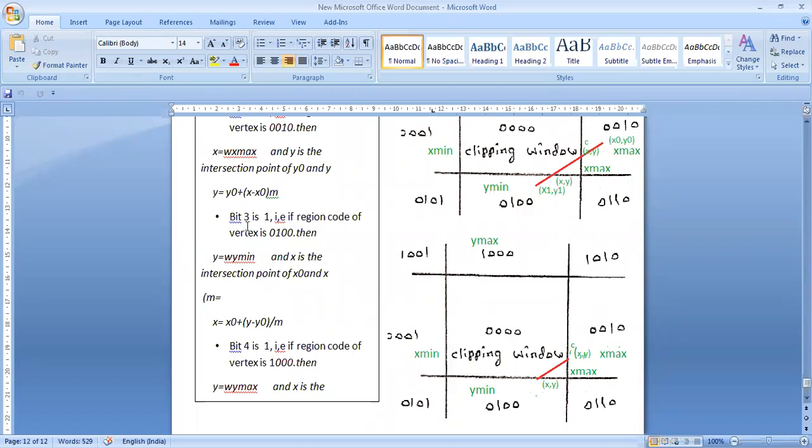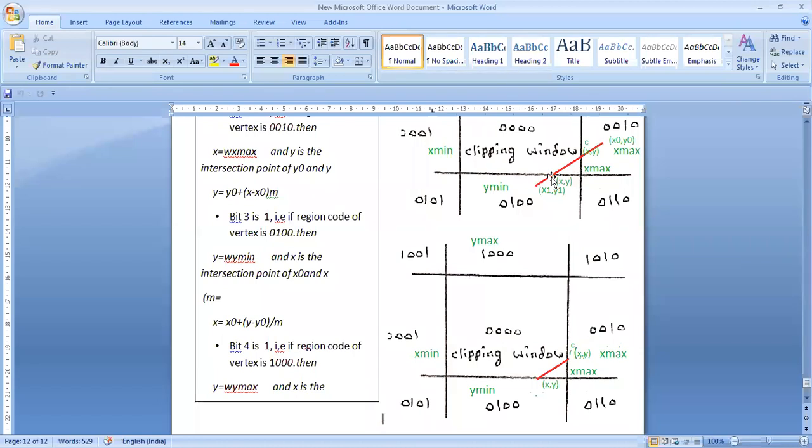If bit 3 is 1, that is, if the region code of the vertex is 0100, that means part of my line is below the clipping window. If it is below, I can directly get my y coordinate. If it is below or above, y I can easily get.